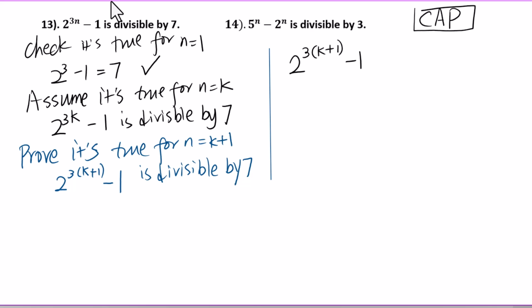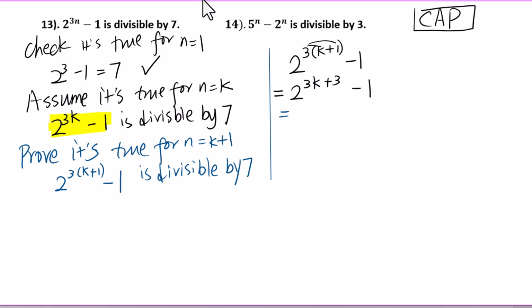2 to the power of 3 times k plus 1 minus 1 equals, by the distributive property, 2 to the power of 3k plus 3 minus 1. We want to create this 2 to the 3k power minus 1.